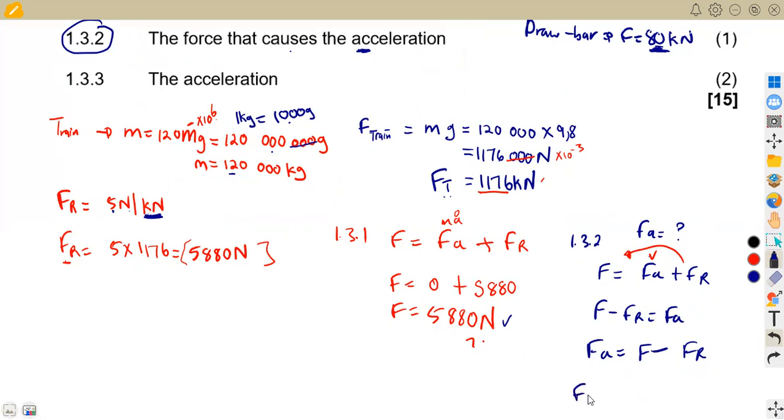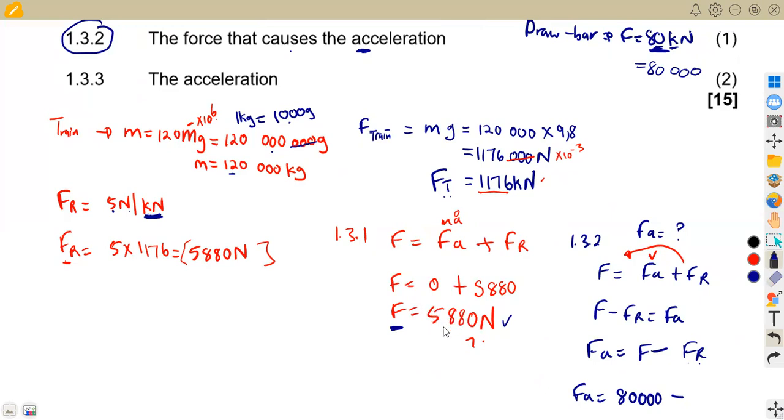So this is the one that you are going to use, but take note, this is 80 kilonewtons. Kilo means 1,000, so that's 80,000, okay? So we shall have 80,000 minus the resistive force, which was that force at constant speed, when there was no change in acceleration.